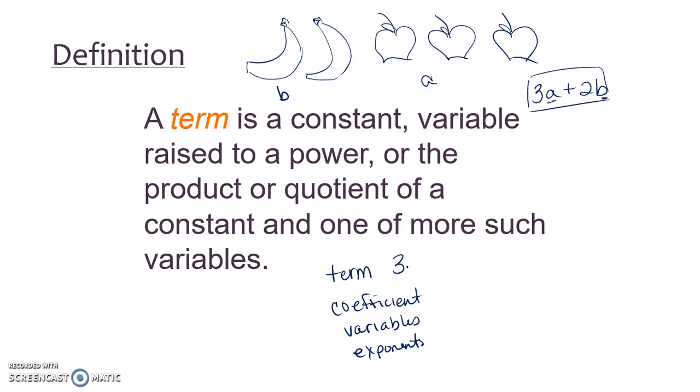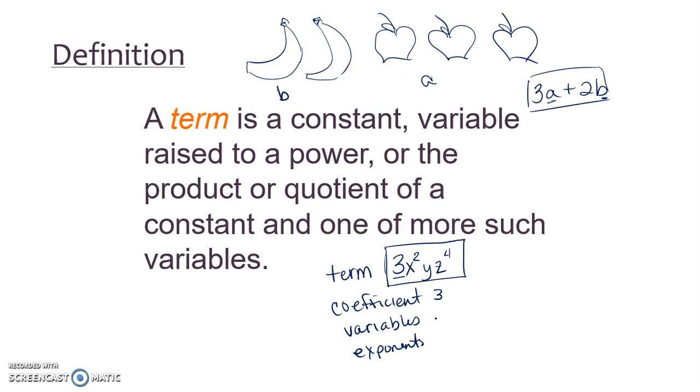This term is 3x squared y z to the 4th. So this is all one term together because we're multiplying everything, so it's glued together. We're not adding, it's not separated at all. This is one full term. And in this term, we have a coefficient. That's the number out in front that tells us how many times we're multiplying this product by.